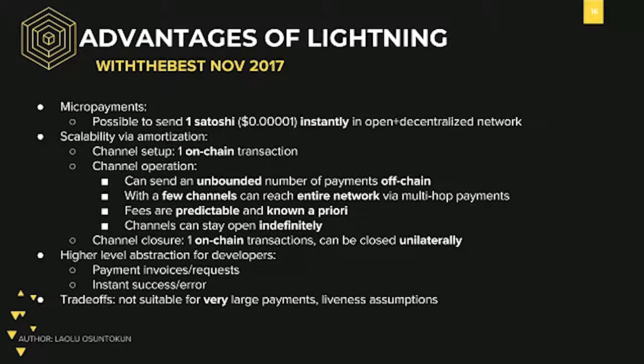We think we can be a lot more scalable by building this off-chain settlement network. Bitcoin Cash's idea is that they want to make sure that the size of blocks is large enough to make on-chain transactions cheap enough to use, but there are downsides in terms of block size bloat. If you have really large blocks, then becoming a full node in this network becomes more and more expensive.